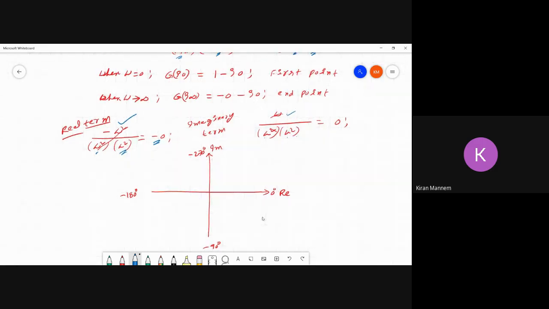The first point, 1 minus j0. The real value is 1 here, and the imaginary value is negative, so it would be a fourth quadrant phasor. So this would be the point, the value is here, 1.